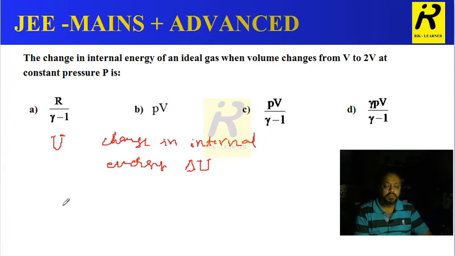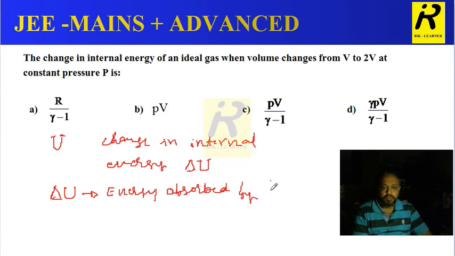So, now what we have to think about is delta U. Change in internal energy stands for the amount of energy absorbed or changed by the gas for the change in temperature.